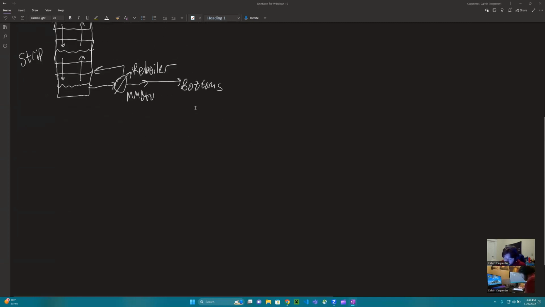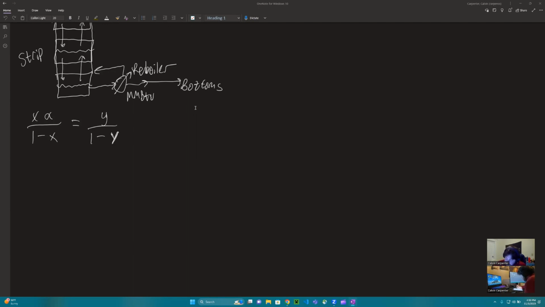Okay. So we have x times our relative volatility over 1 minus x, and then we have our y over 1 minus y. So that's going to be our vapor-liquid balance here, or equilibrium. So we're going to try and isolate y.